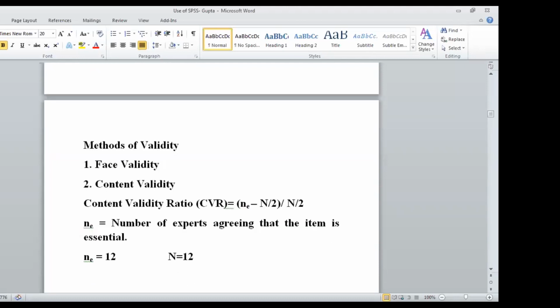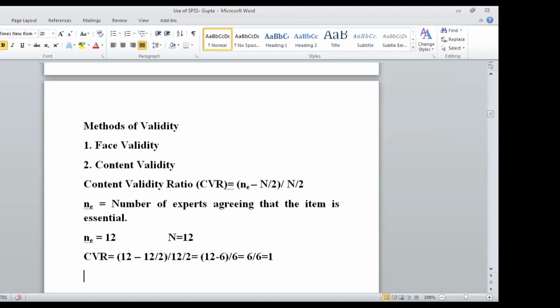Then CVR is equal to 12 minus 12 divided by 2, then whole divided by 12 divided by 2. This will be 12 minus 6, the whole divided by 6, which is 6 divided by 6. So the value is 1. This can be your maximum value.